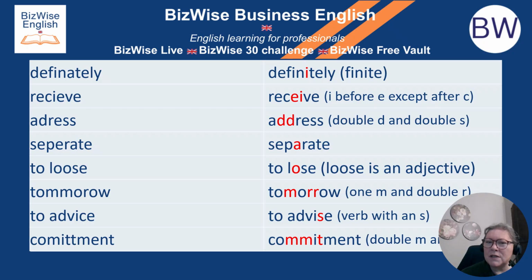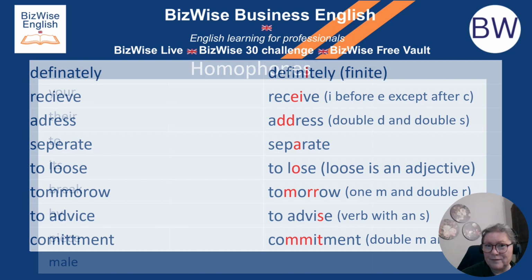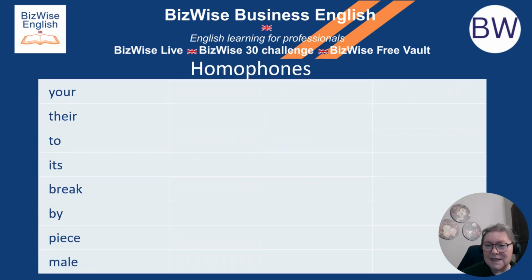And we're then going to follow that on with some homophones. What is a homophone? It is a word that has the same sound but different spelling and different meaning. For example, your, Y-O-U-R, it is your house.